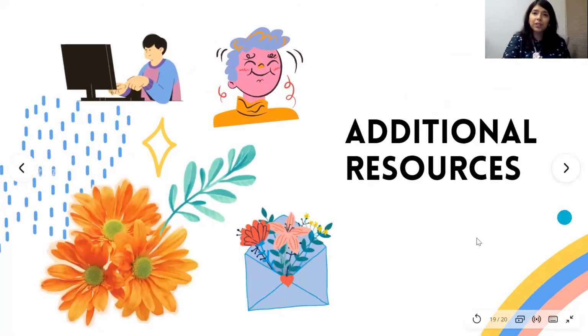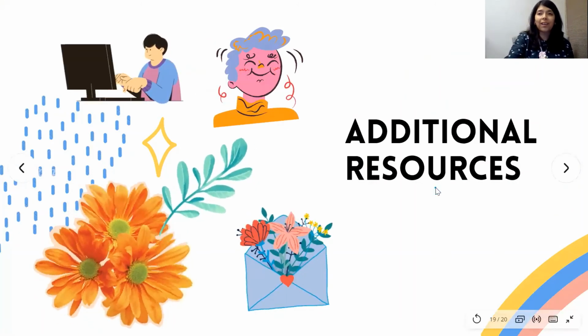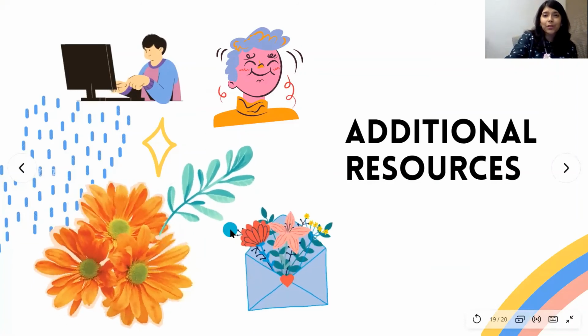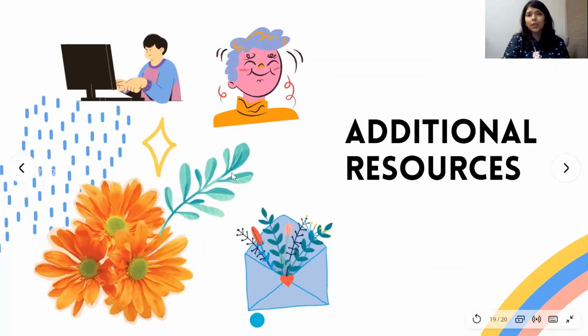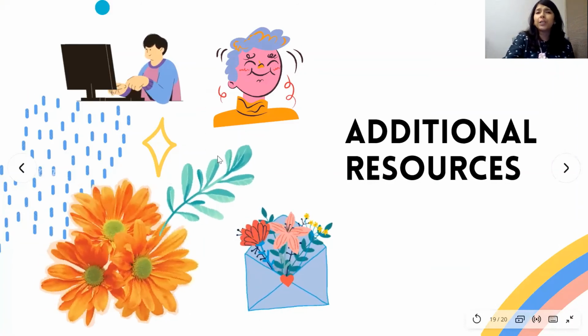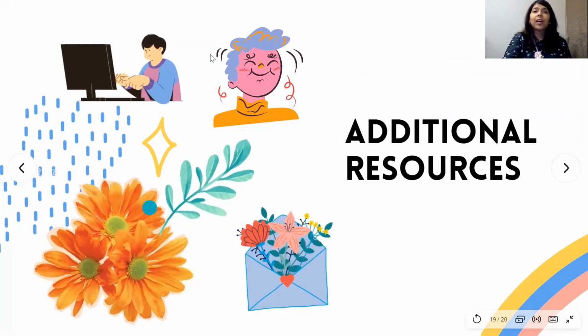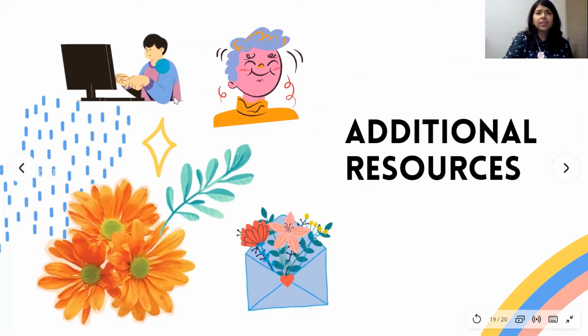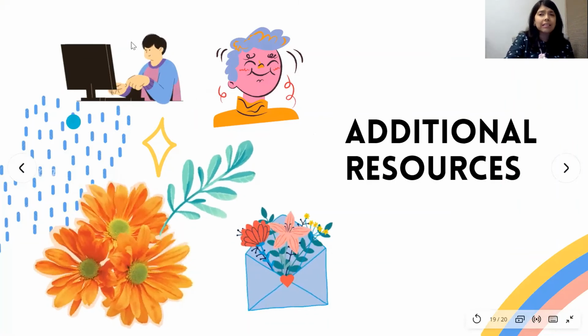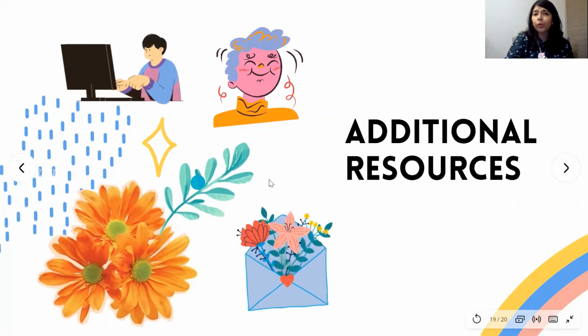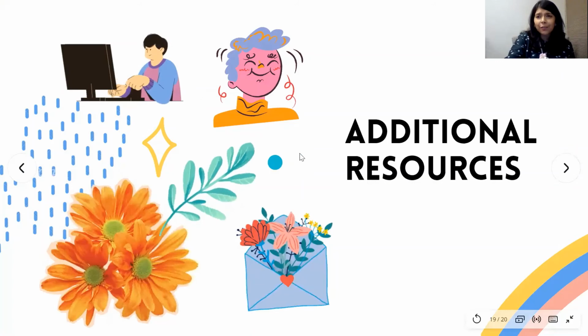Now we have some additional resources for you to raise the bar. You see this boy on the computer? That denotes the YouTube channels you could surf, the Facebook pages you could follow, and the whole internet that is open for you to learn more. You see the girl's face out here?